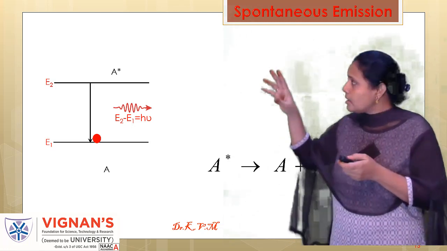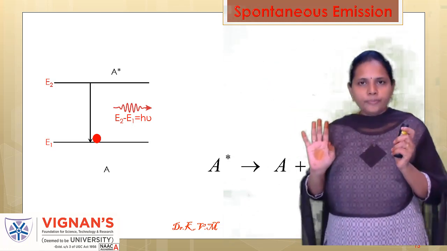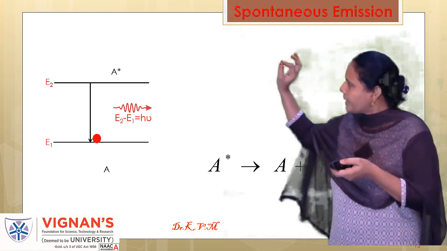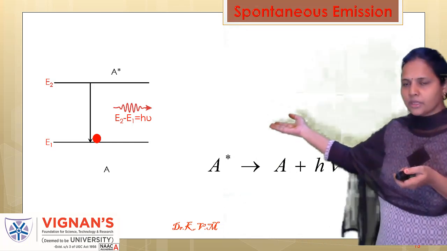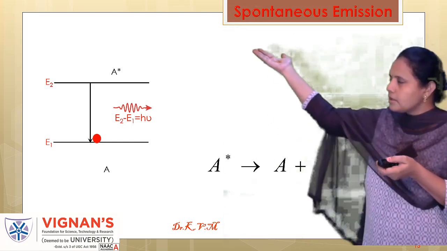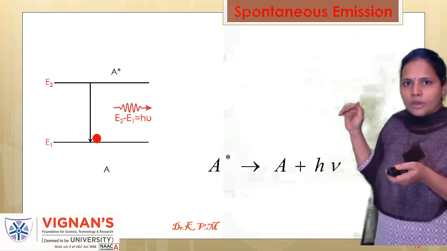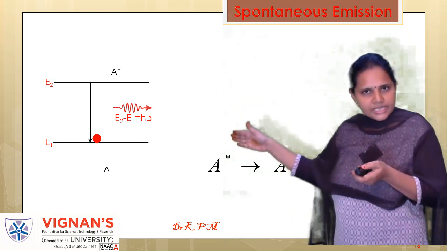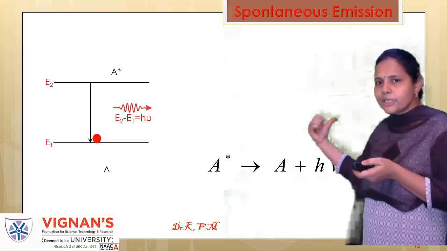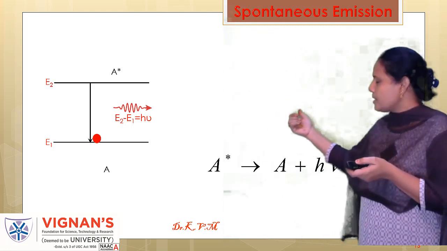I repeat, in case of spontaneous emission, the atom at first is in the excited state. So look at this equation. A star, the atom is in the excited state. When it automatically goes to the ground state after its lifetime, it emits a photon: A plus h nu.